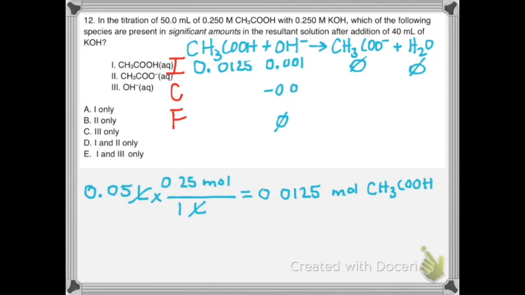So we'll have subtracted 0.001. And we'll lose that same amount from the acetic acid. Oh, I'm sorry, this should actually just be 0.01. Okay, my bad, just 0.01.